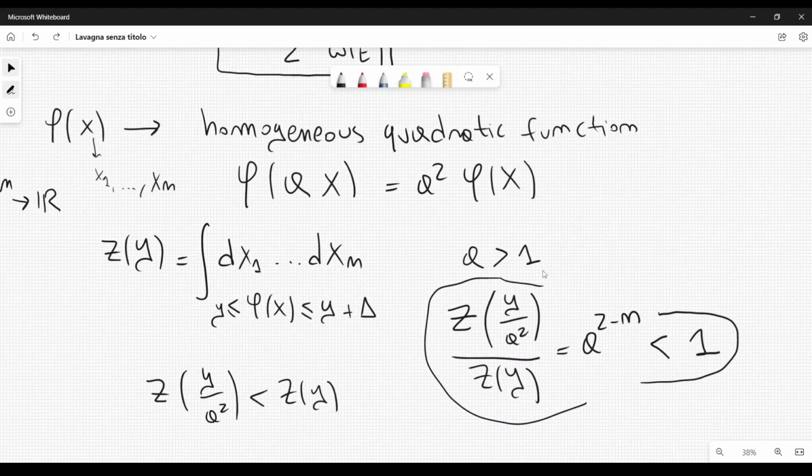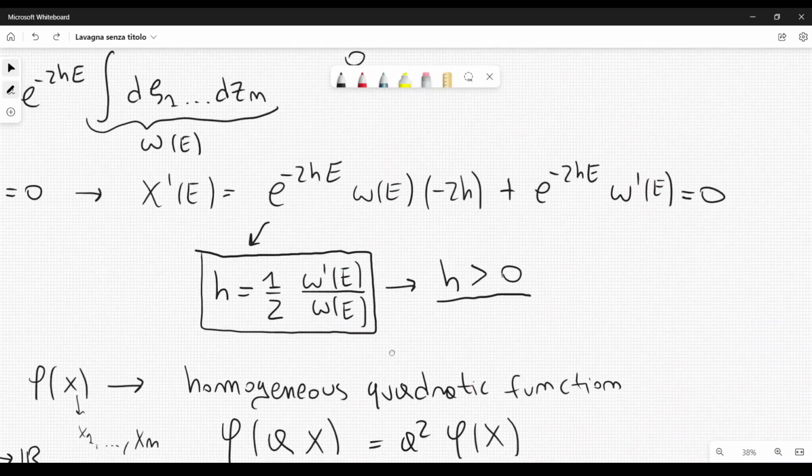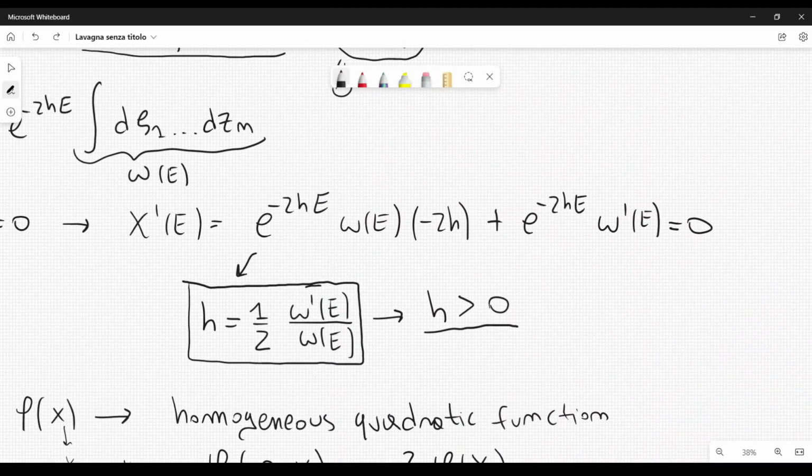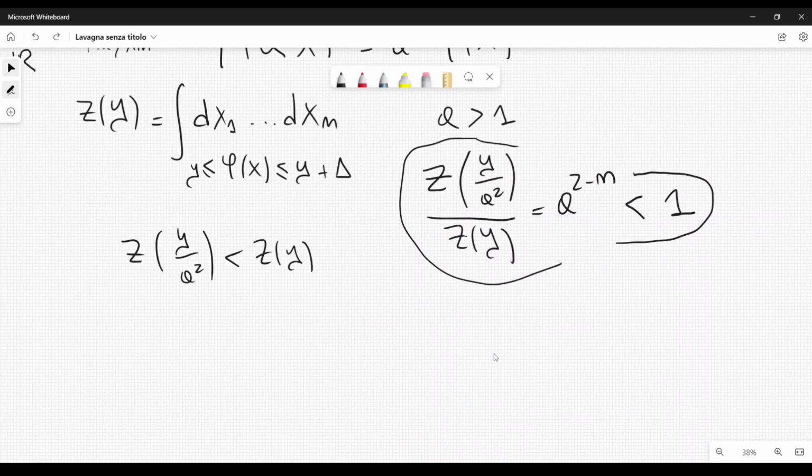So if we prove this theorem here, we are able to say that omega prime of e is greater than 0. And of course, since we are integrating over a region, over some space, over some hypervolume, if you want, omega of e is also greater than 0. So this is why this theorem is important. If this is true, then Einstein argued that the derivative of omega of e is greater than 0.